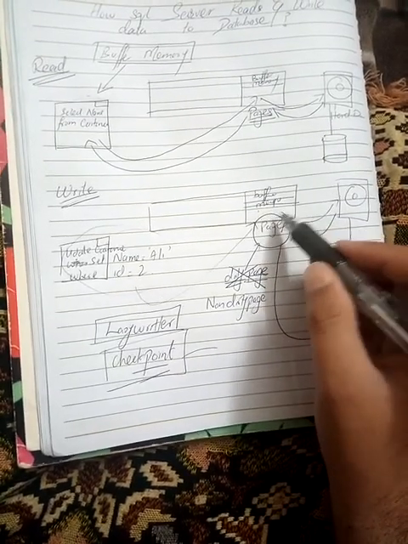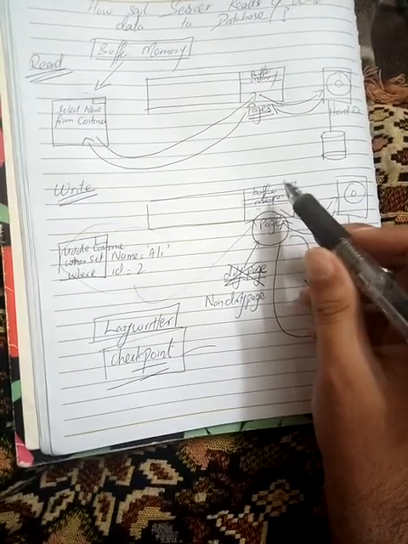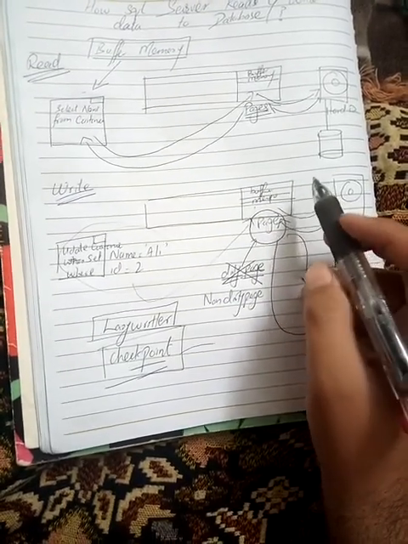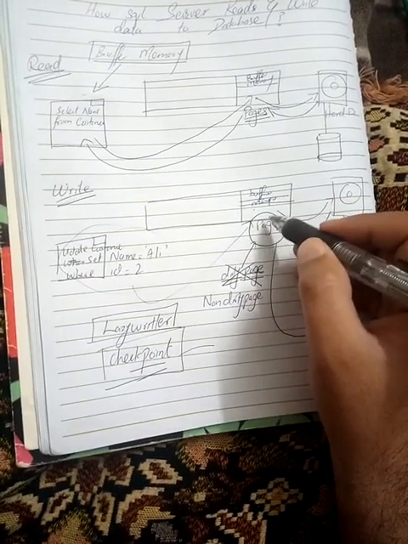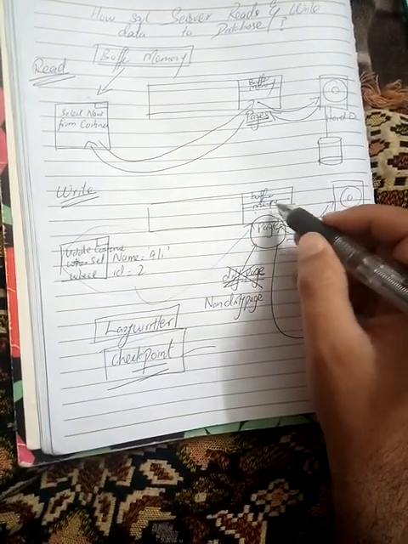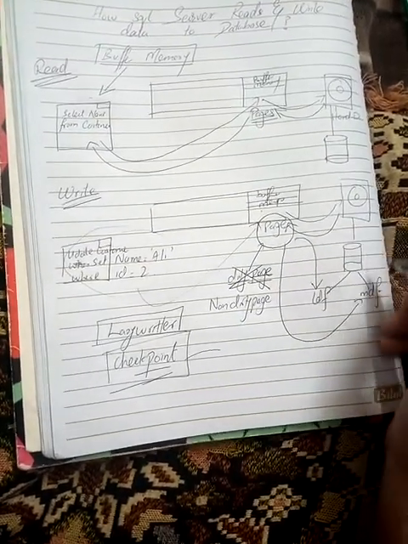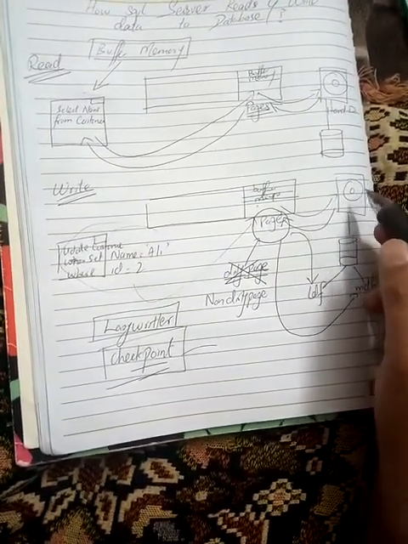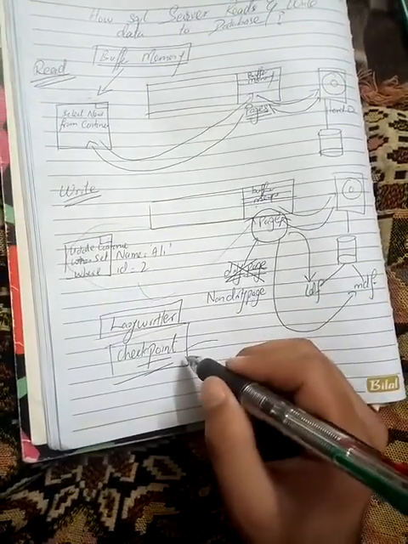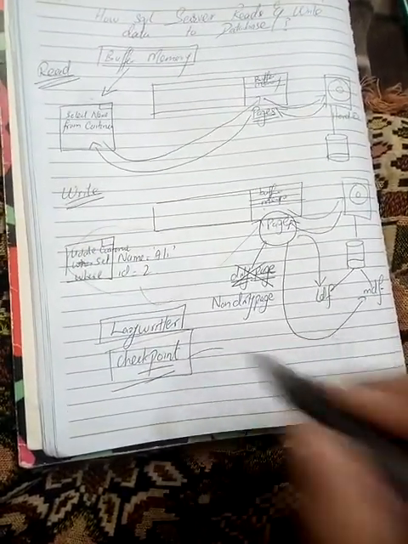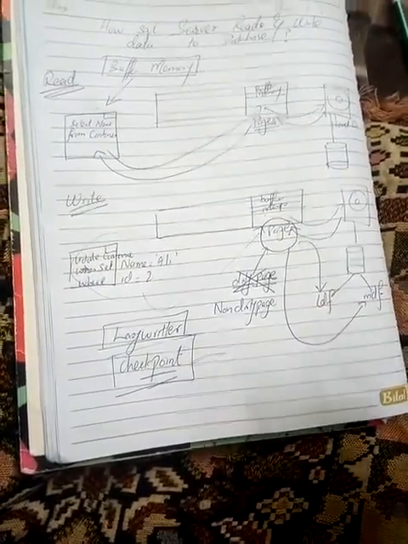Then we would have to wait for the buffer memory to be filled up, and for the lazy writer to free up the buffer memory and write the updated pages into the actual database or hard drive. So we have to wait for that. Checkpoint just makes sure that the dirty pages get into the database in a timely manner.